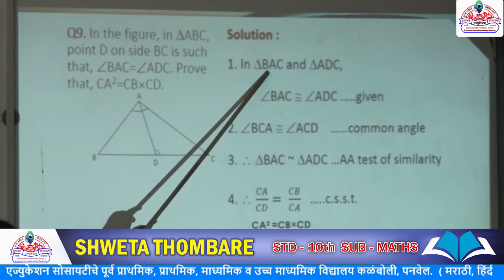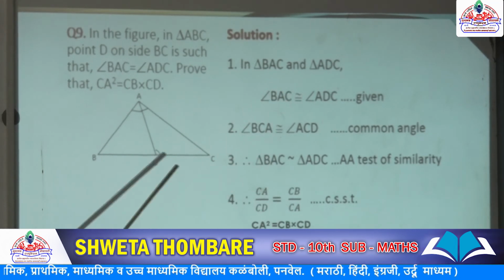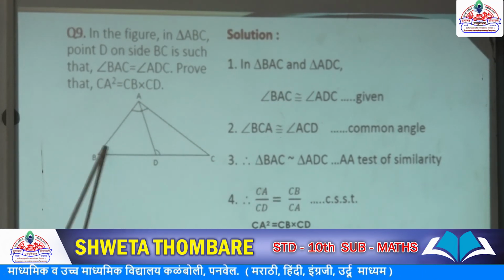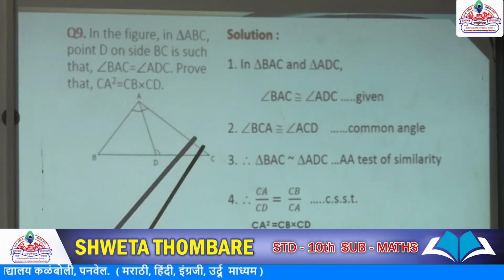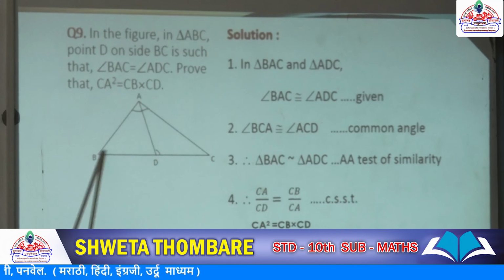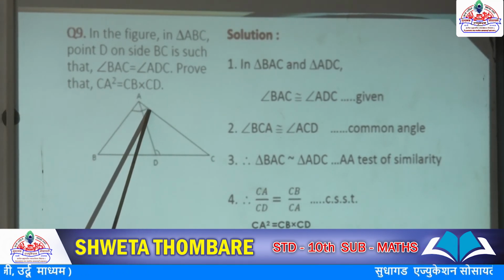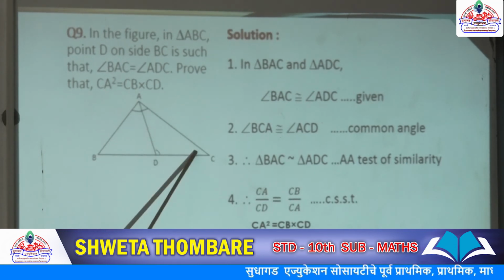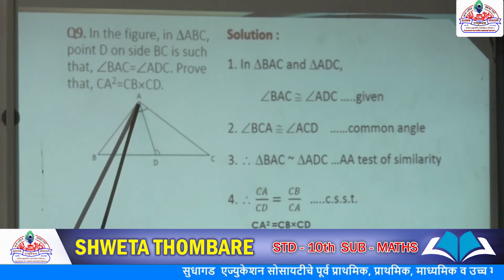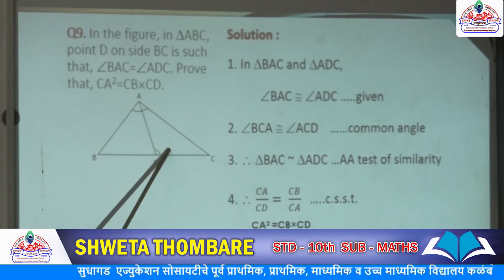So here in triangle BAC and triangle ADC, we know that angle BAC is one of the corresponding angles of this bigger triangle. So angle BAC is congruent with angle ADC, which is also one of the corresponding angles of triangle ADC.